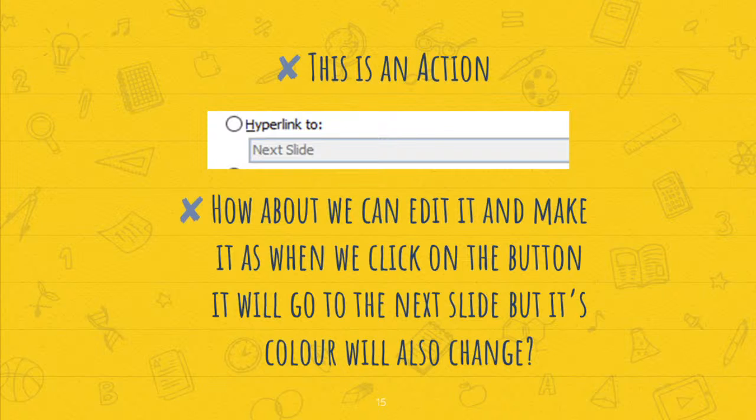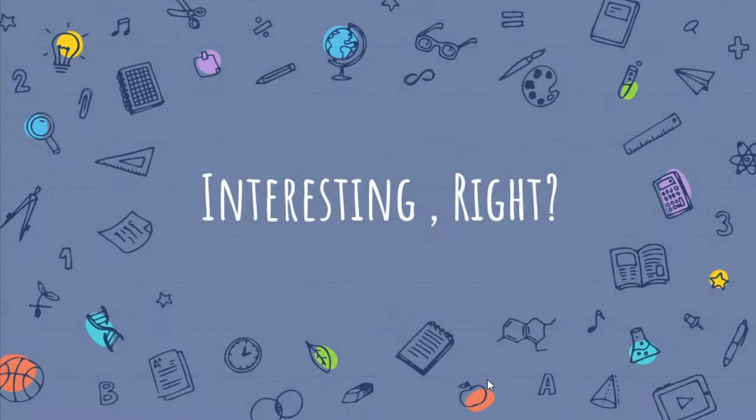How about we edit it so that when we click on the button, it goes to the next slide, but its color also changes? I just told you, the slide's color will also change, right? So we can even do that. Next one. That's interesting, right? If you can edit an action, I'll show you how we can do it at the end.